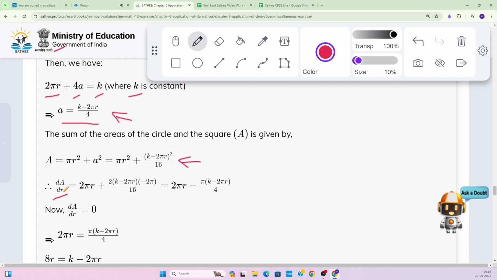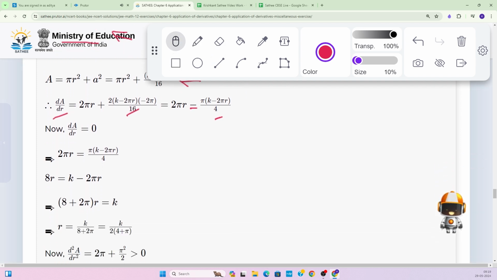Now dA/dr will be 2πr plus this thing, which is 2(k − 2πr)/16 multiplied by −2π. From here you can see that this 2 becomes 4, and 4 will cancel this as 4 times, and this minus will change the sign. You will get the minus here.